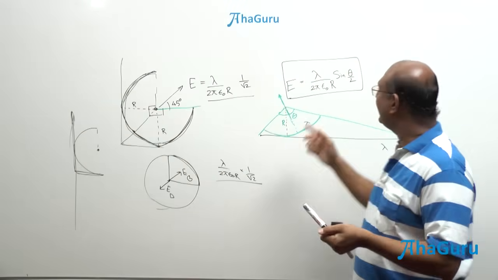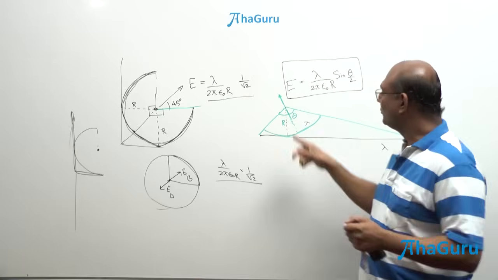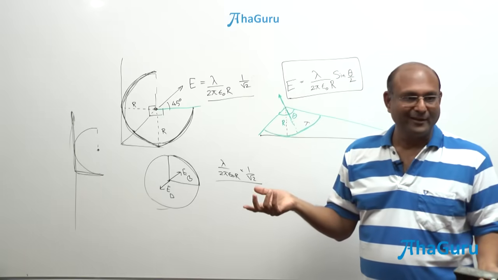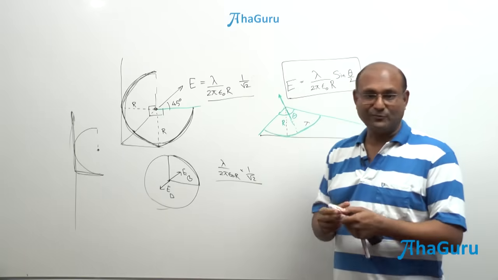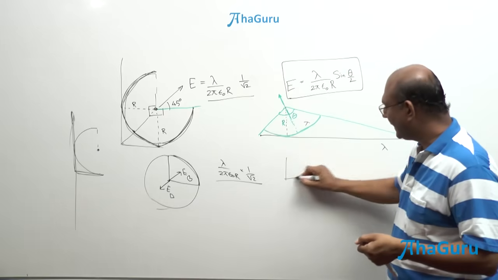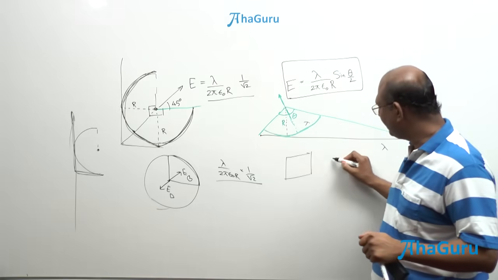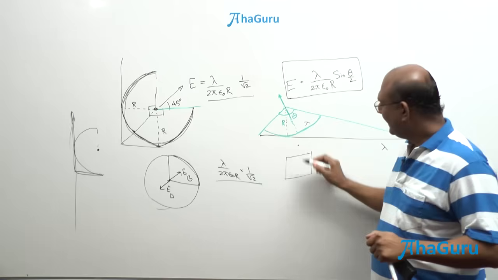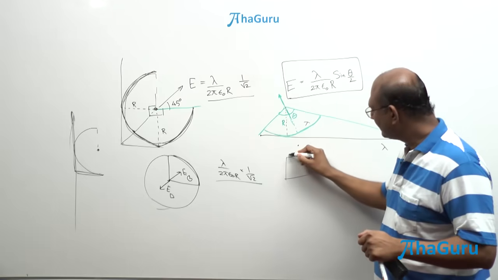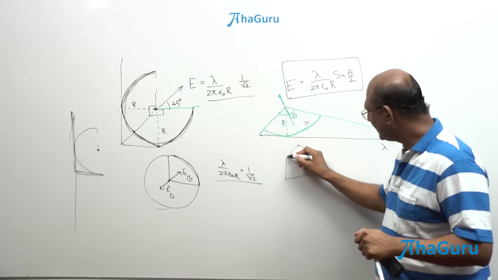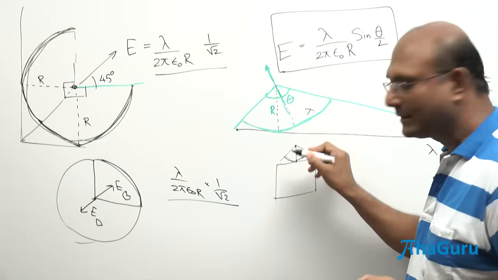Not just that, not only can you replace the lines by arcs, you have a nice formula for the arc. So when you have a bunch of lines, for example, now if I had a square, and I wanted the field somewhere, let's say I wanted the field here, I would replace this by an arc. Okay, so I just simply take this and consider that.